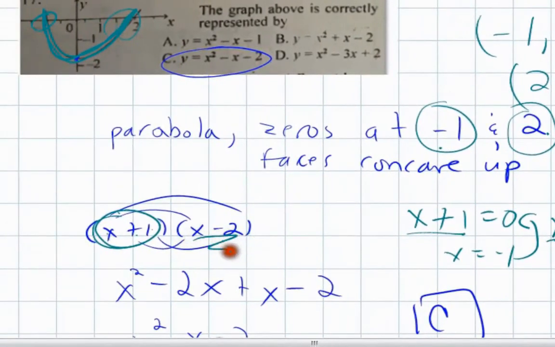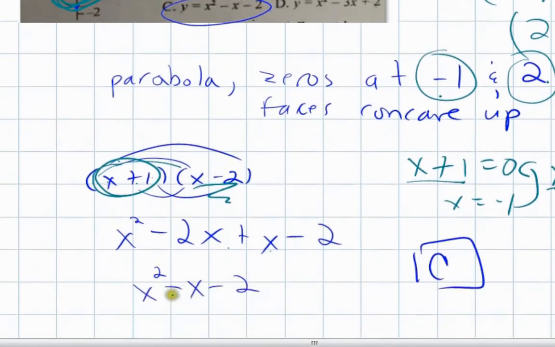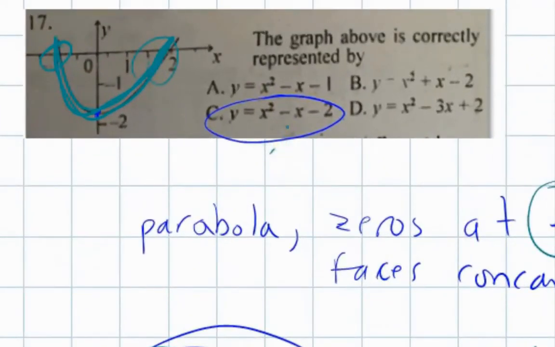And so that's how I got this part. Then I multiplied this out, so now I have x squared minus 2x plus x minus 2. Once I simplify, that leaves me with x squared minus x minus 2, which is option C.